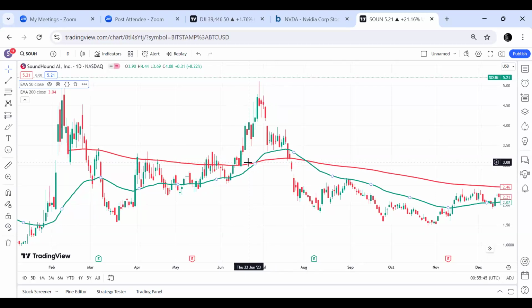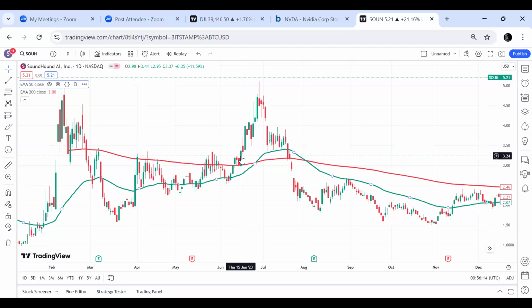So how can we wait for the confirmation? Here, when the crossover happened, one green candle came. One green candle does not indicate the confirmation. The confirmation comes when the high of this green candle is broken on the other day. Here you can see I got the crossover and I got the green candle on 15th June 2023.